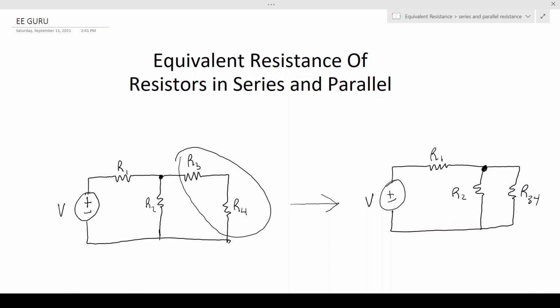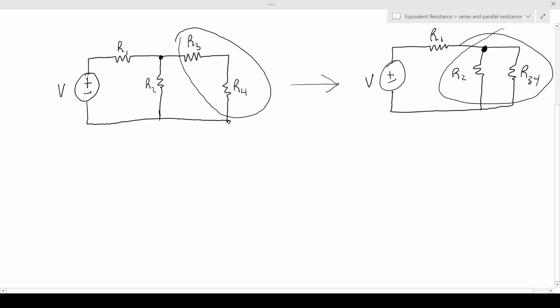And we see right here that R2 and R34 are in parallel. So what we're going to do now is get the equivalent resistance of R2 and R34, and we're going to call that equivalent resistance R234.